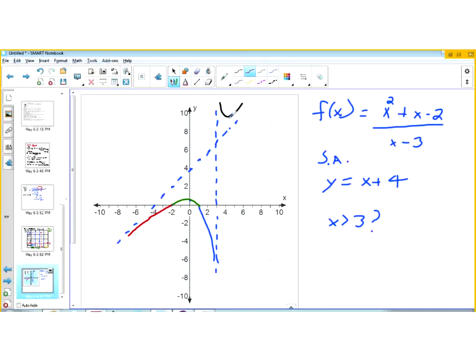So there's our graph. There is one more issue we want to deal with. You see this branch right here? It happens to have a local minimum. Why is that? Supposing this little red dot is the local minimum, for values of x between 3 and the abscissa of this local minimum, the graph is decreasing.